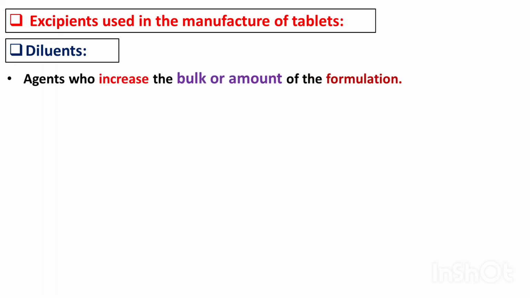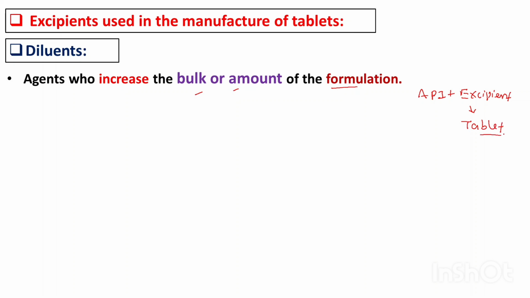What are the diluents? Diluents are the agents which will increase the bulk or amount of formulation. What do you mean by formulation? Formulation is nothing but the API plus excipient, right? Mainly we will discuss it in the tablet formulation, right?